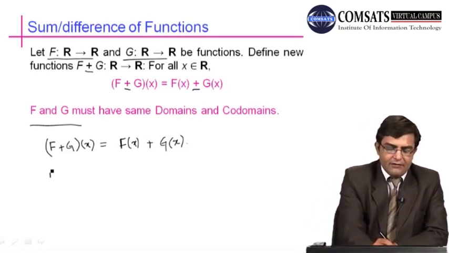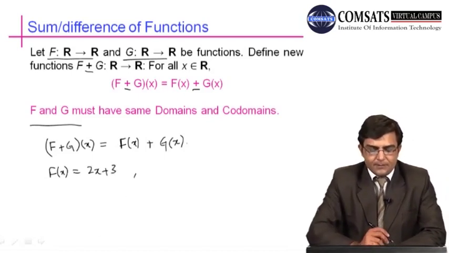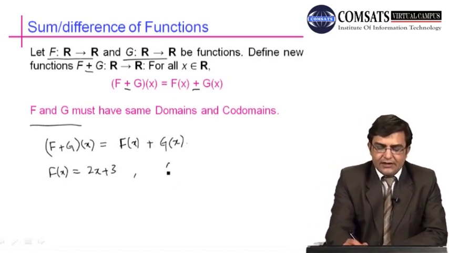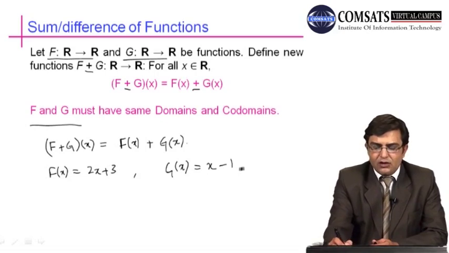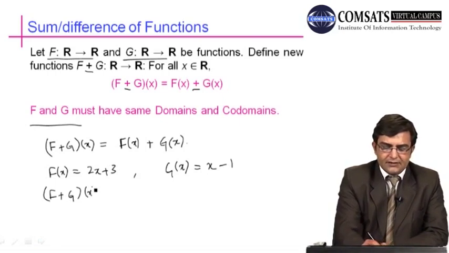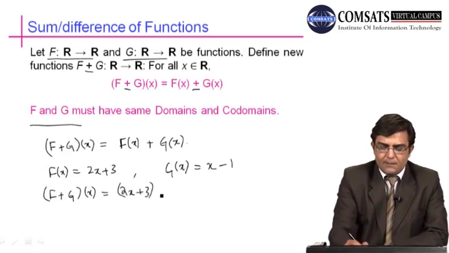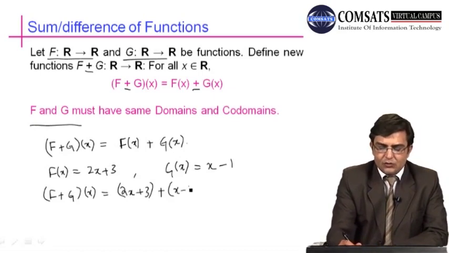For example, if f of x is equal to 2x plus 3, defined on the set of real numbers, and another function g of x is x minus 1, then f plus g of x, the sum of the two functions, is defined as f of x plus g of x, which means 2x plus 3 plus x minus 1.